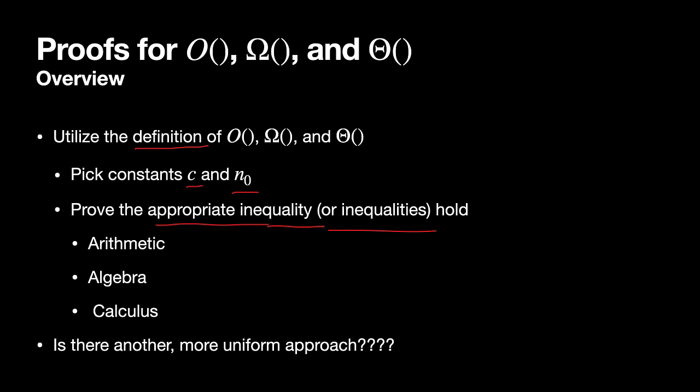We did those proofs by using arithmetic, algebra, and in some cases a little bit of calculus. And on that front, is there a more uniform approach? So today we will continue to look at using the notion of calculus to give us another approach to proving when one function is either in a big O set, a big omega, or big theta.